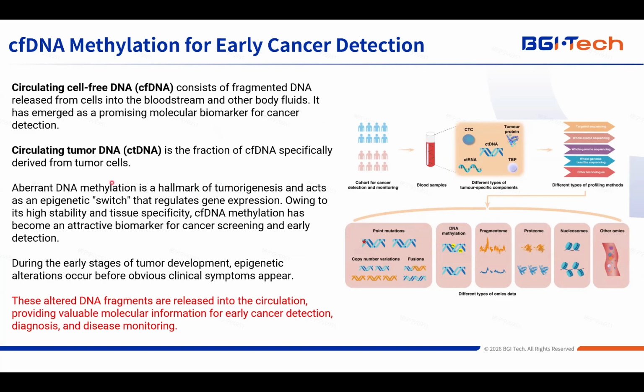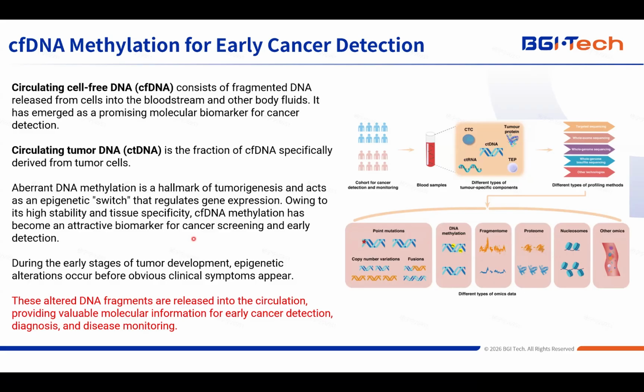Circulating tumor DNA, or ctDNA, is cfDNA specifically derived from tumor cells. And because of its high stability and tissue specificity, cfDNA methylation has become an attractive biomarker for cancer screening and early detection.